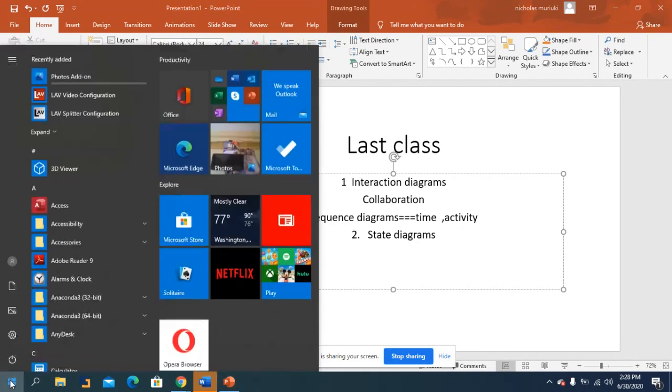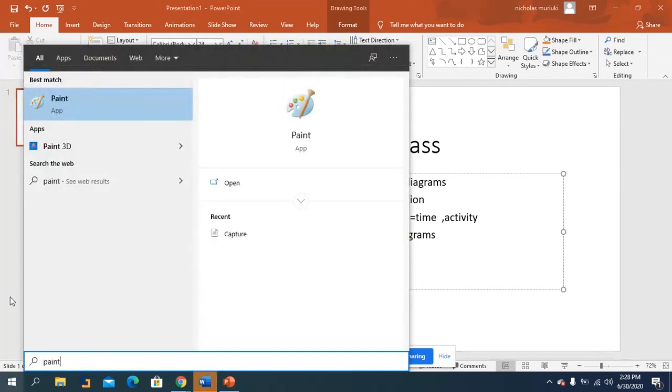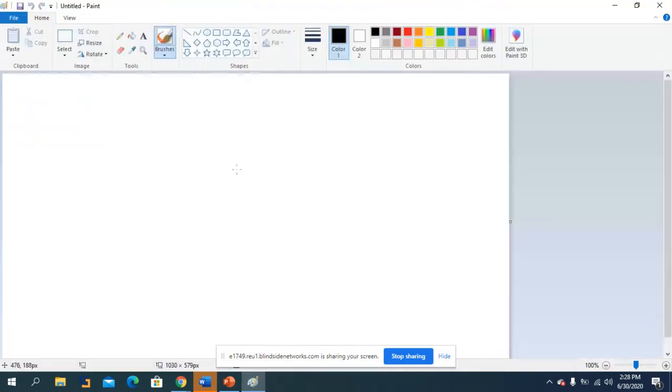So if I can present using Paint, in this case, maybe we can understand that if this is a state, we present a state using this diagram. So if this is state 1, and then we have another state, maybe it is able to communicate. We are using a straight line.